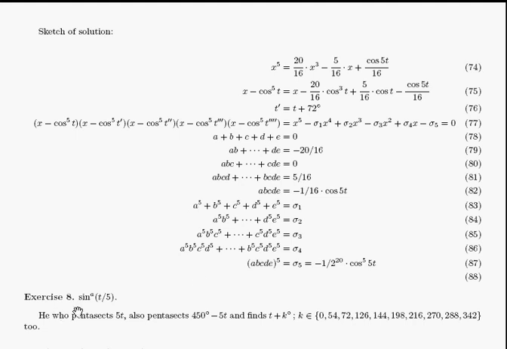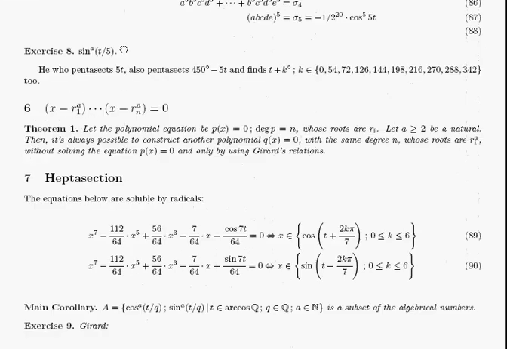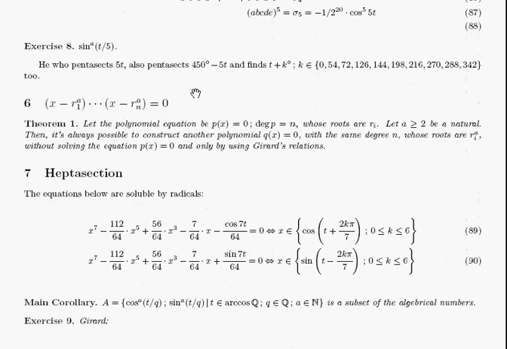Okay, exercise: sine power to a of t over 5. He who pentasects 5t also pentasects 450 minus 5t and finds constants K: 0, 54, 72, 156, 144, 198, 216, 270, 288, 342.